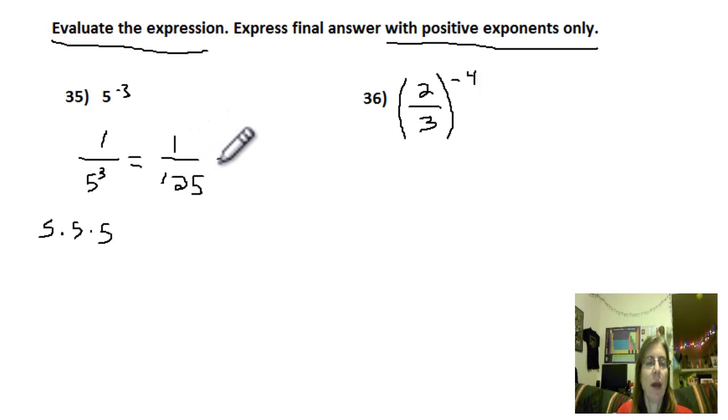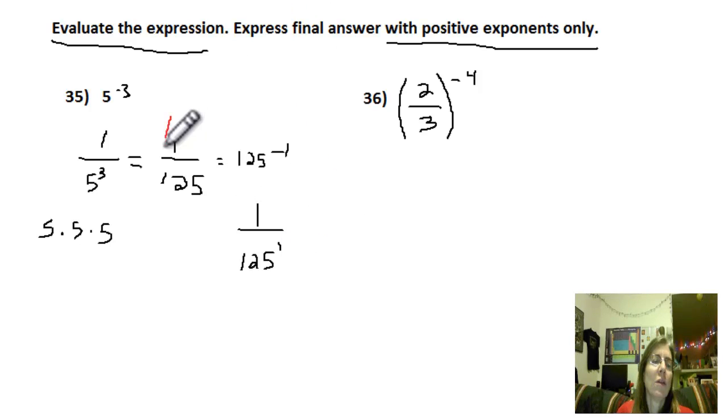If we want to turn it back to an exponent, you would say 125 to the negative 1, which means it's 1 over 125 to the 1 power. But it's not asking us to do that. This is the answer to the problem because they want it in a positive exponent only. So the answer is 1 over 125.